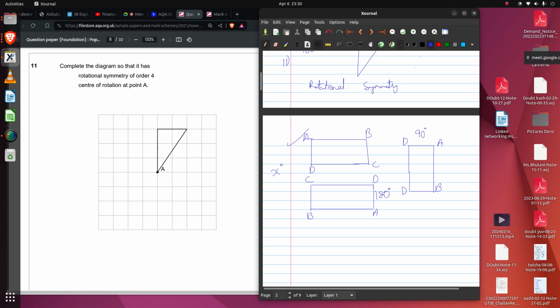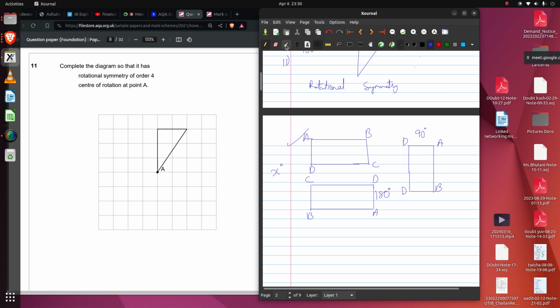Whether it is 90 degrees or 180 degrees, you decide, so that it should look exactly like the original shape. Okay? So they are telling you to complete the diagram. How should you complete the diagram so that it will have order 4? Order 4 means what?